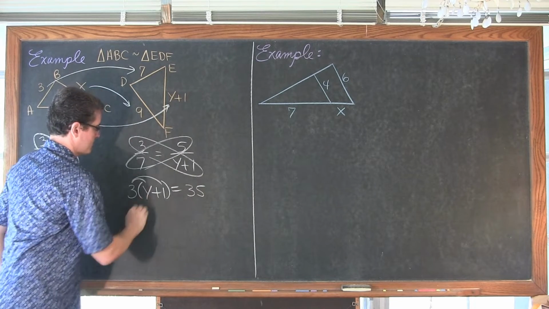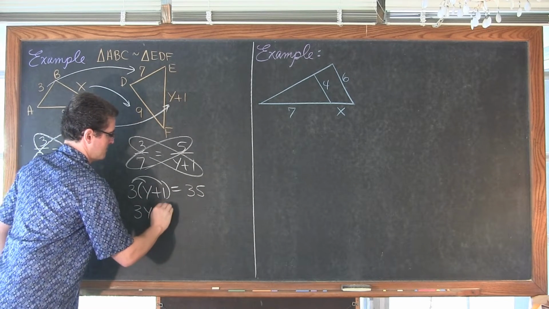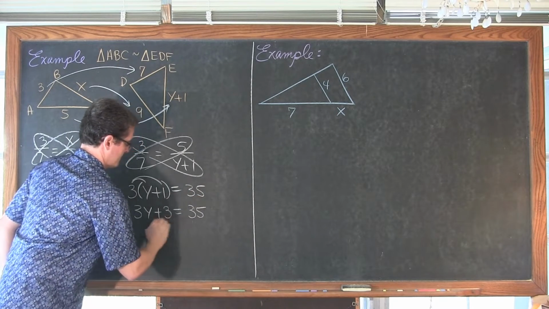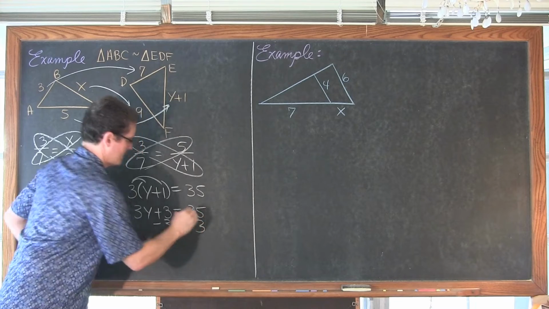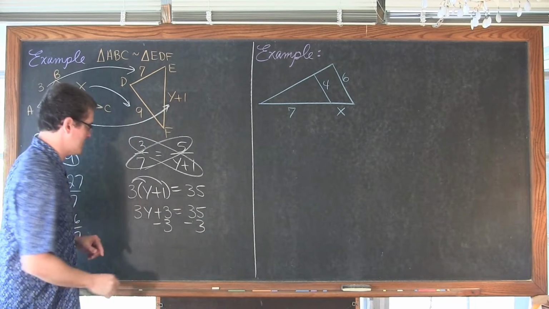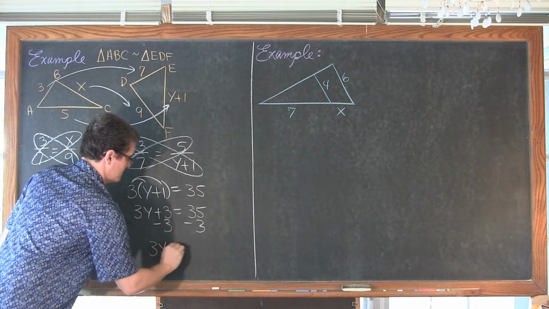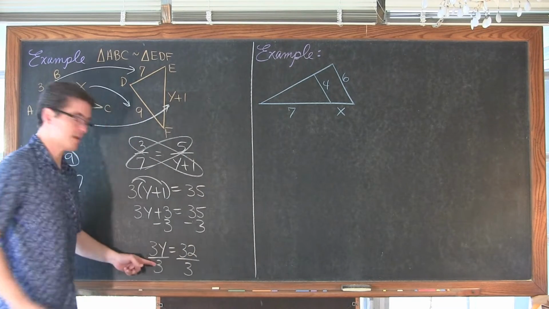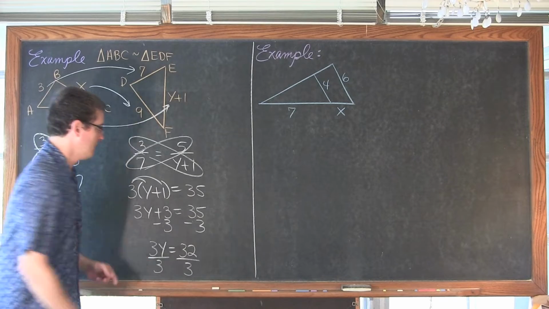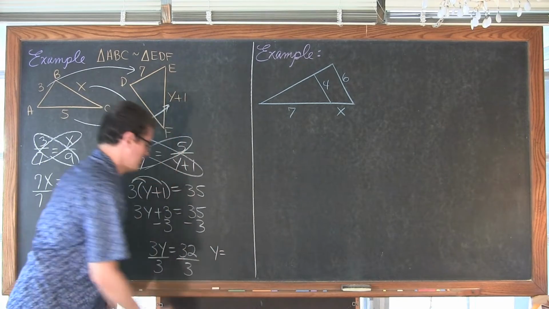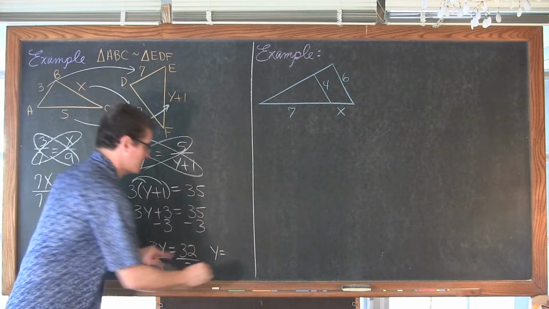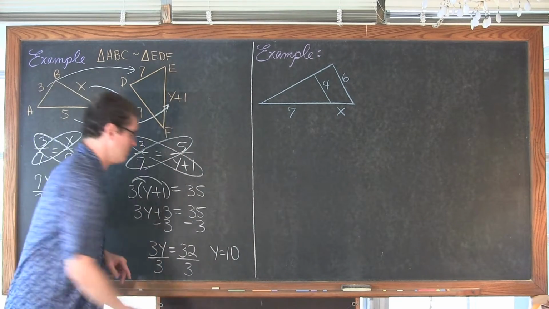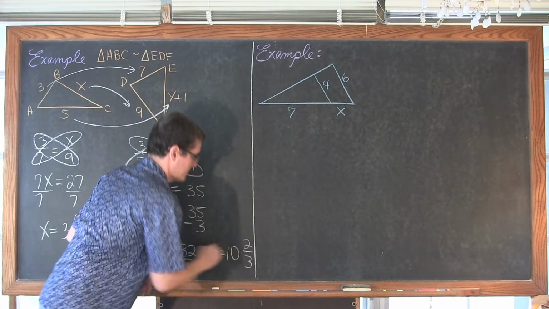We're going to distribute that 3 through the parentheses. Undo that addition of 3 with the variable by subtracting. Undo that multiplication of 3 by dividing, and we get y is equal to, well, 3 times 10 is 30, and 30 out of 32 leaves me with a remainder of 2, and we get 10 and 2/3.